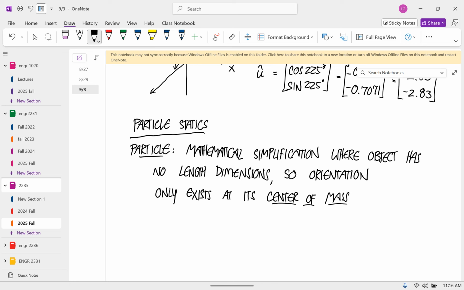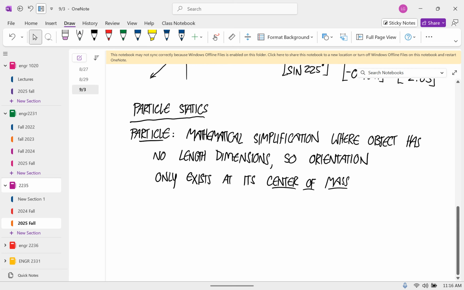Okay, particles don't have length dimensions, but they do have mass. That's not really going to be an important thing in statics, but that's an important thing to understand about particle calculations.